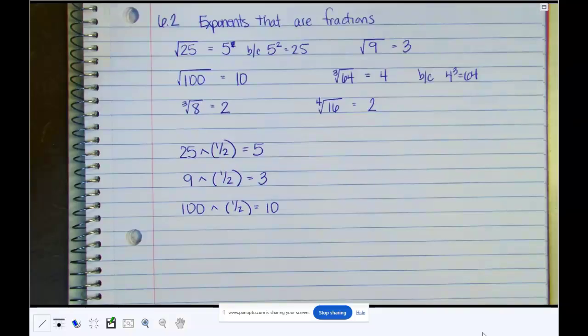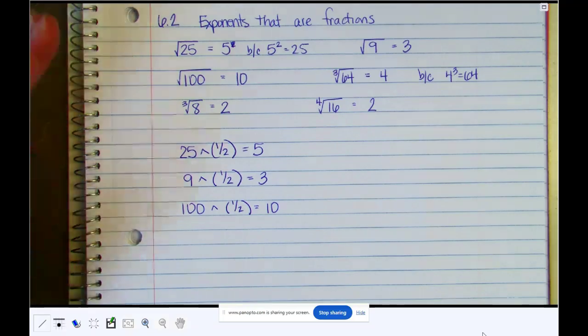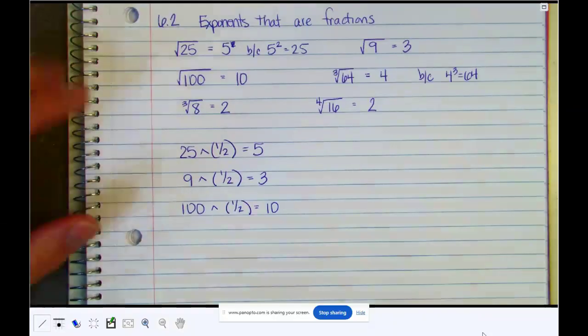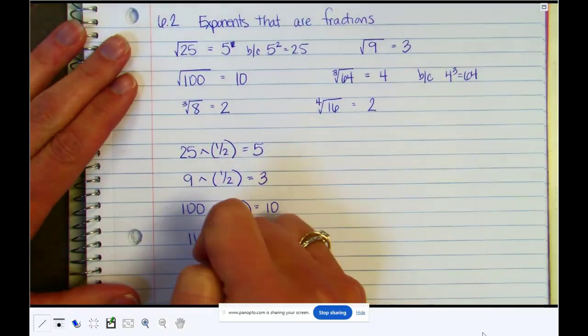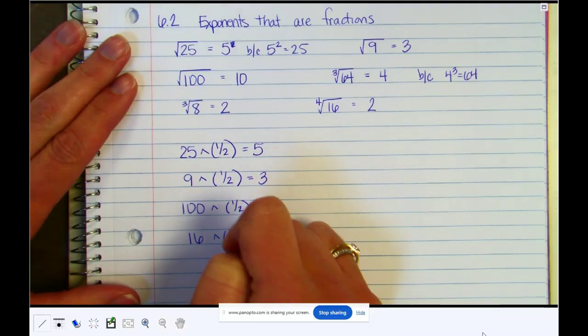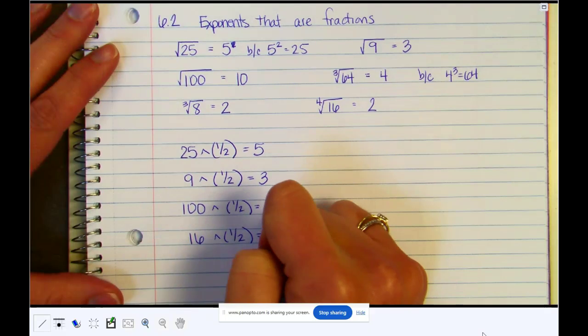So let me ask you this question. You should see some stuff up here related to what we're doing. So what do you think, without using your calculator, 16 to the 1/2 is? 4. Same thing.